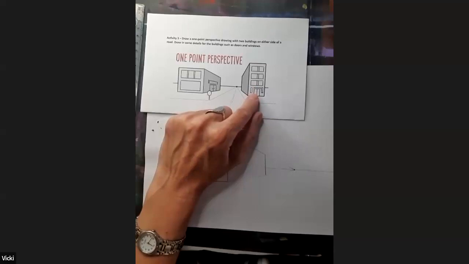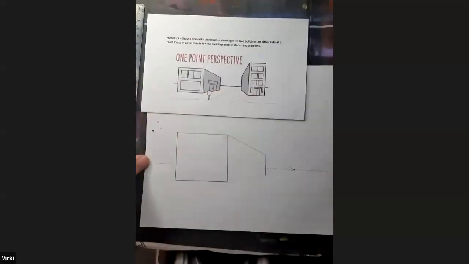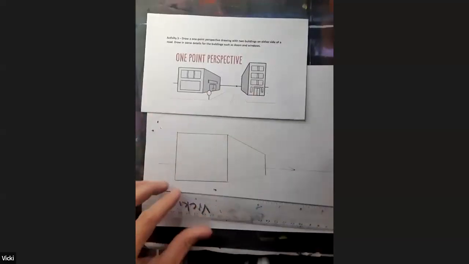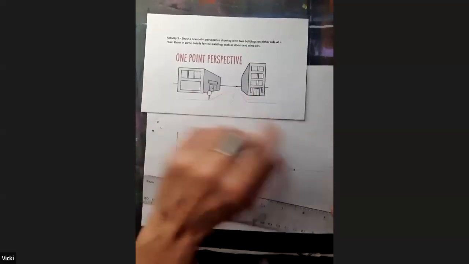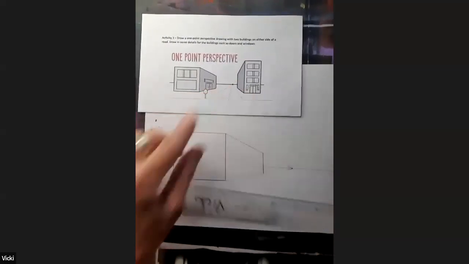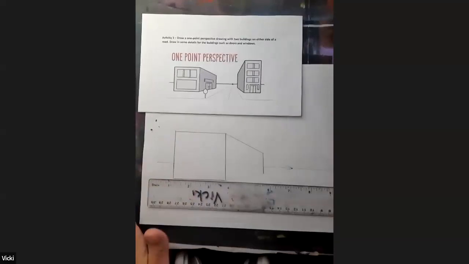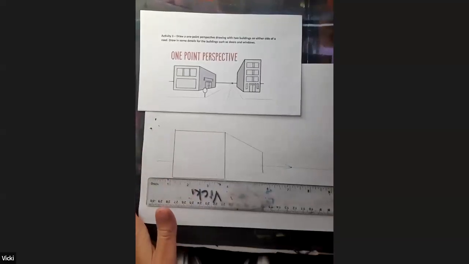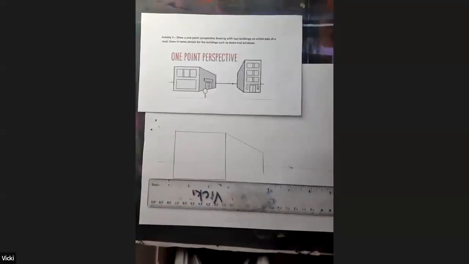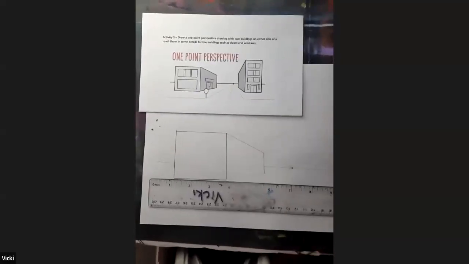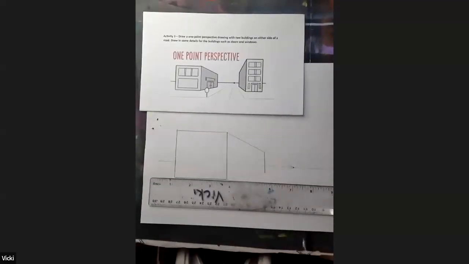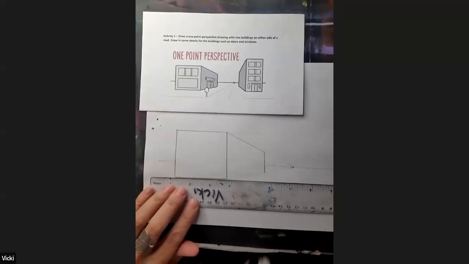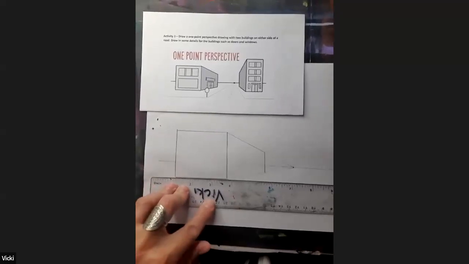Look at this building now. Can you see this building? It's much taller. So I'm going to make sure that the bottoms are equal. Sorry about that. So the bottoms of my two buildings are going to be even.